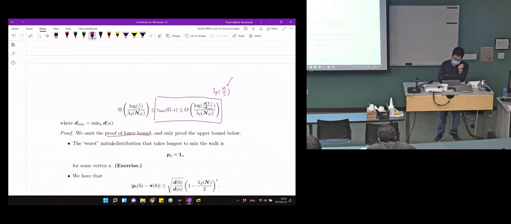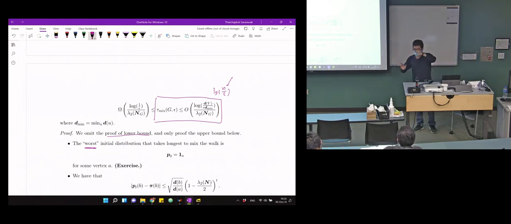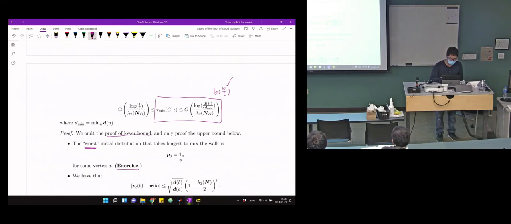And it's not hard to say that the worst distribution, the one that takes longest to mix, is always when you start at one single vertex. Otherwise, if you start from another distribution, the endpoint is just a convex combination of the walks that start from one single vertex, and you can take the worst vertex that takes the longest. You can think about this more, but you can just look at one starting vertex.